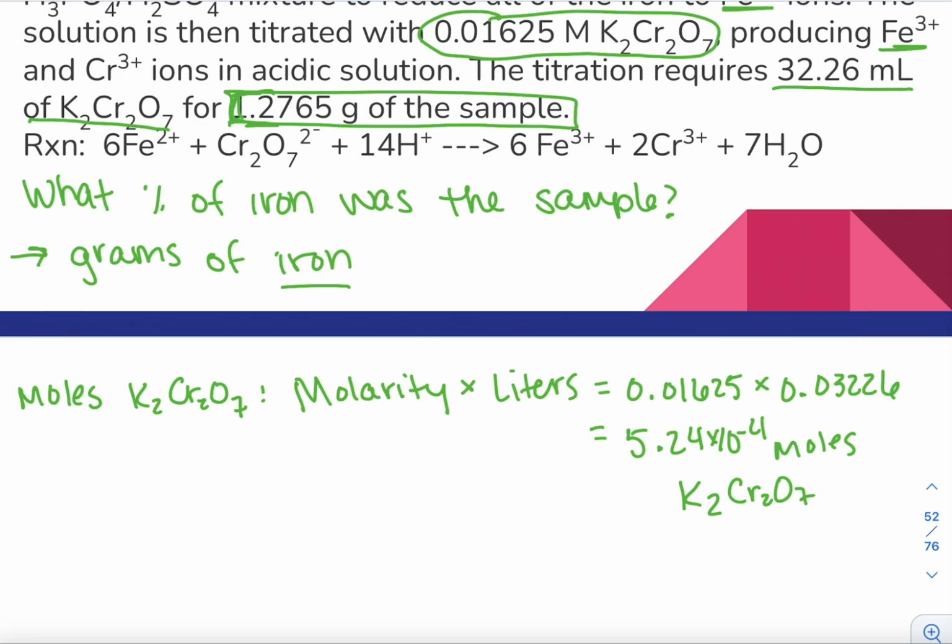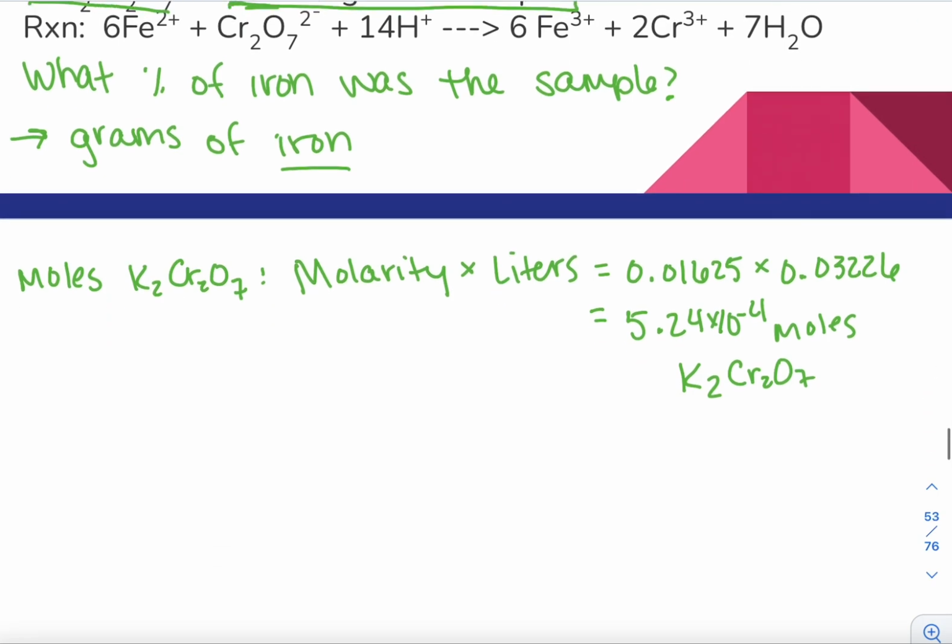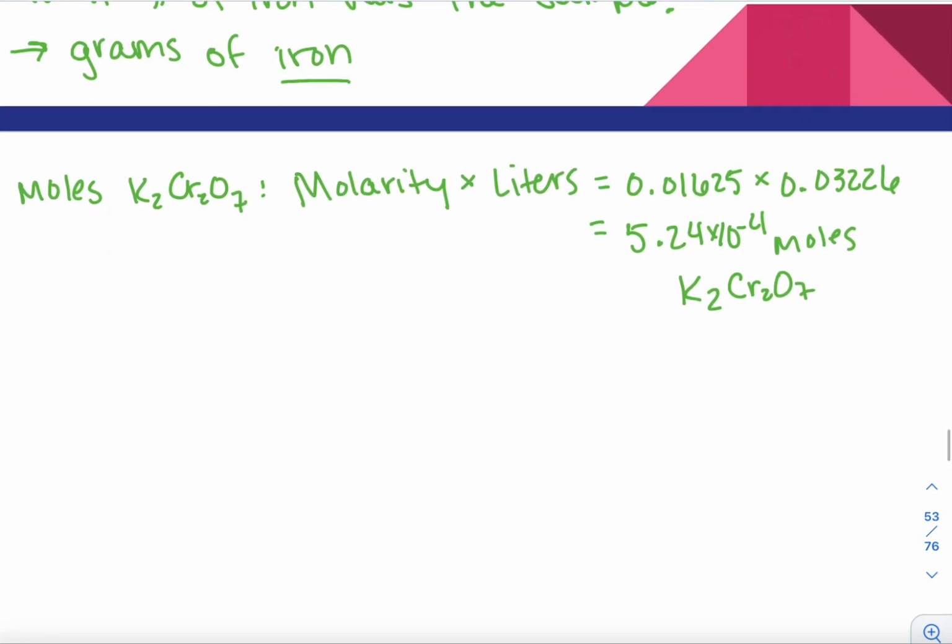So what I can now do is a stoichiometry problem going from moles of potassium dichromate to moles of iron, and then grams of iron. So I'm going to do that all in one thing. Moles of potassium dichromate to grams of iron. So I'm going to start with moles of potassium dichromate.